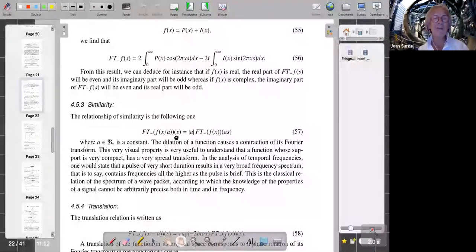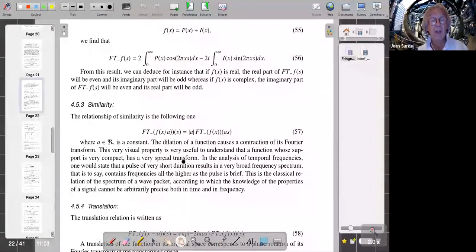The Fourier transform is a function of the real variable s, of course, but it's very easy to show that it is equal to the modulus of the real constant multiplied by the Fourier transform of the function f(x), not as a function of the variable s, but as a function of s multiplied by the real constant a. All these demonstrations have been made, at least some of them, in the YouTube video.